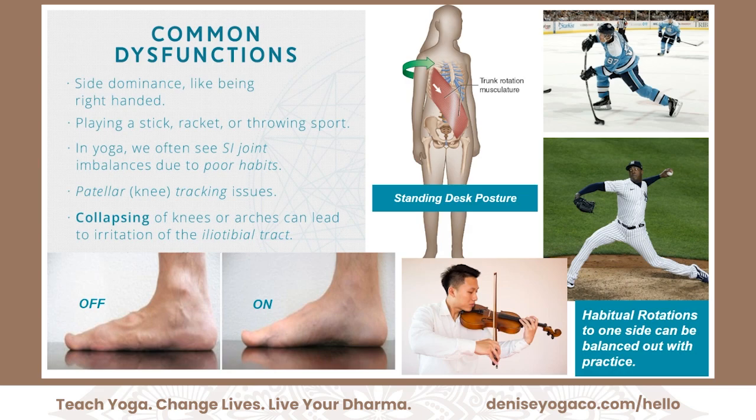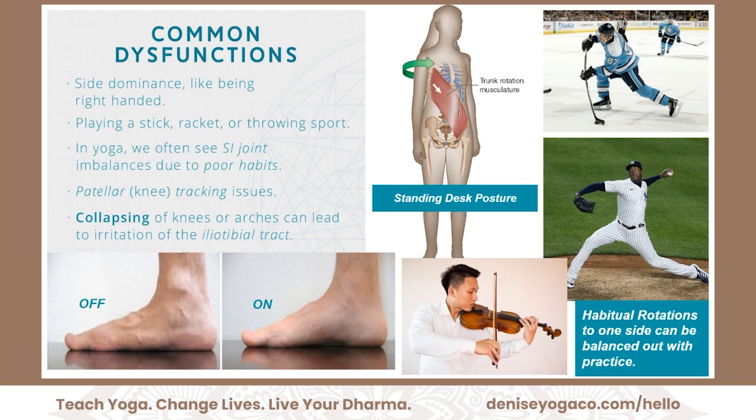The more habitually dominant you are on one side, the stronger that pattern's going to be in your body, and probably the more you're going to need to do to balance that out, which is fair. Again, this is just body awareness, taking care of your body, trying not to overuse one side, underuse another side, and trying to keep things in balance.